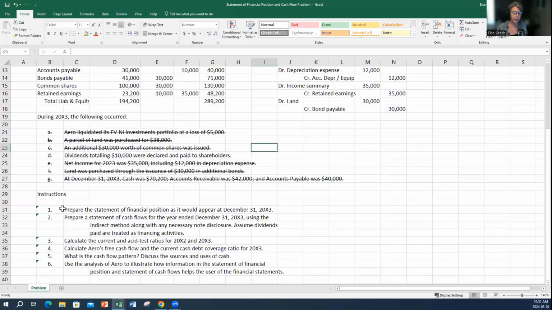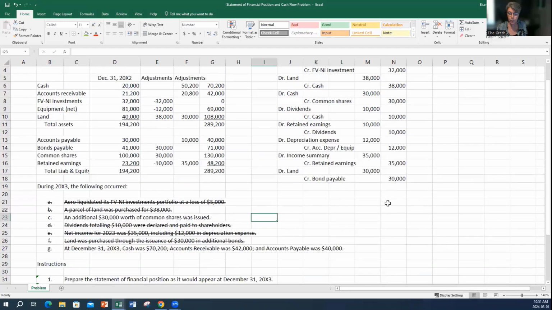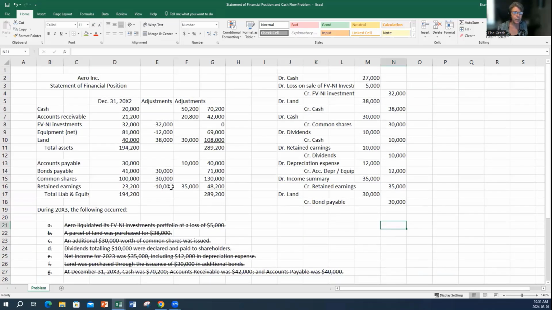So now let's go down here, prepare the statement of financial position as it would appear on December 31st, 2000 X3. Well, of course, what we would see is the company name, which is Arrow Inc. I'm just going to copy it. The statement of financial position. And then at December 31st.